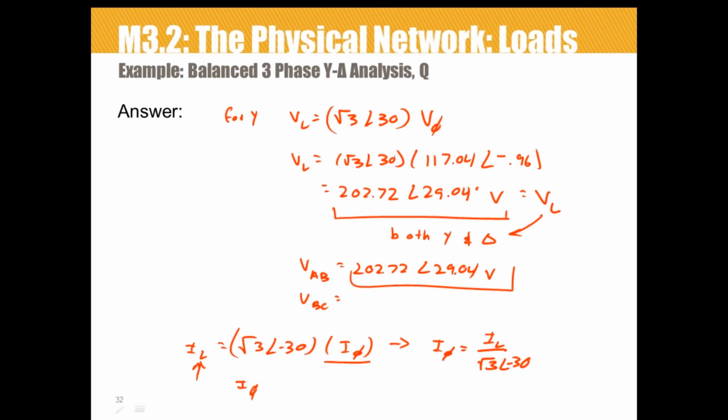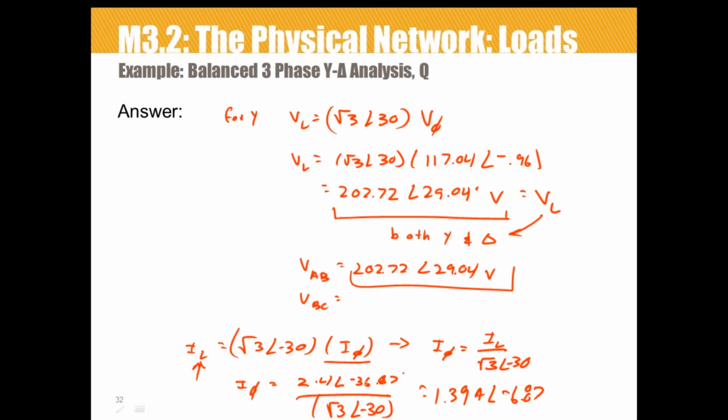So if I want to know the phase currents in the delta connected load, I just take that line current that I calculated previously, which was 2.4 amps at negative 36.87 degrees. I divide it by radical 3 at an angle of negative 30. And that gives me 1.39 amps at an angle of negative 6.87.